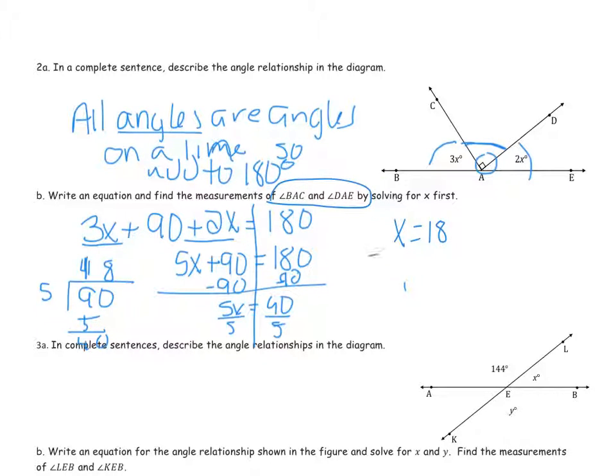So BAC was 5 times 18, and angle DAE was 2 times 18.